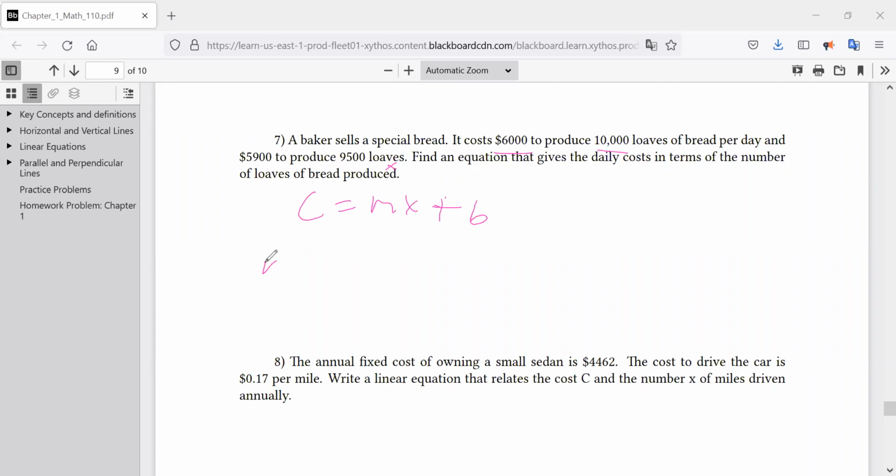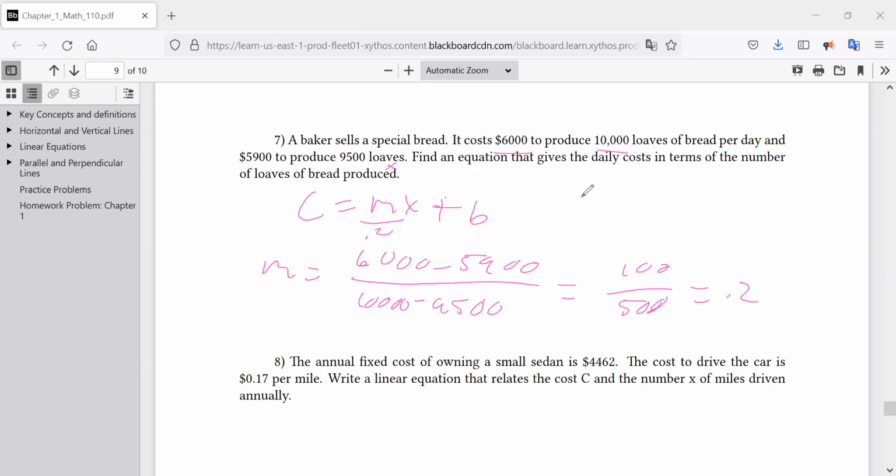We find M is equal to 6,000 minus 5,900 divided by 10,000 minus 9,500. So that's going to be equal to 100 divided by 500 is equal to 0.2 or 20 cents per loaf of bread. And then that's what this is, 0.2.